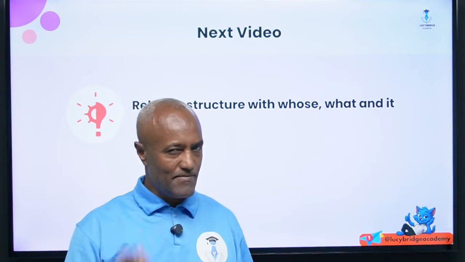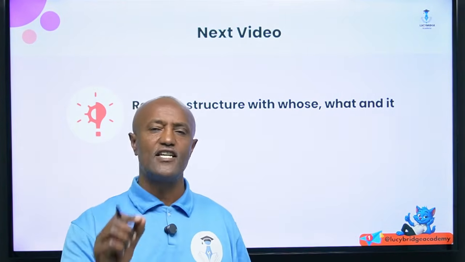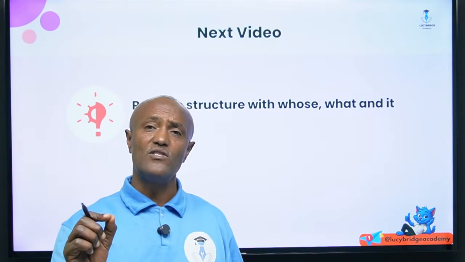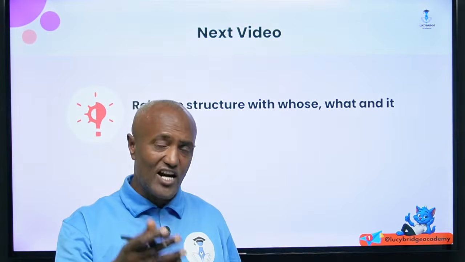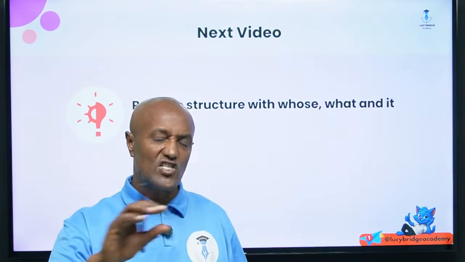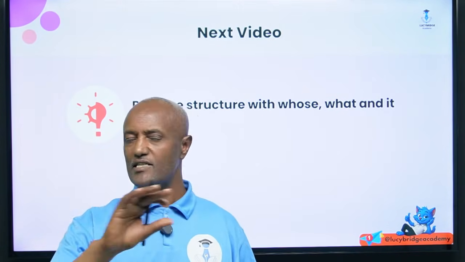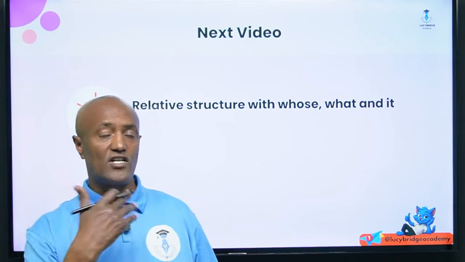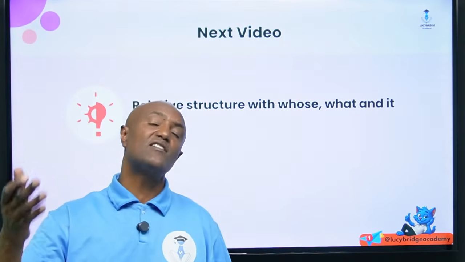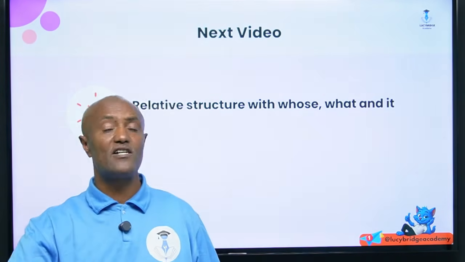Please remember, the key point here is that when the relative clause is active, we reduce the relative pronoun. The tense may be simple present, simple past, or future. We reduce the relative pronoun and change the main verb to ing.